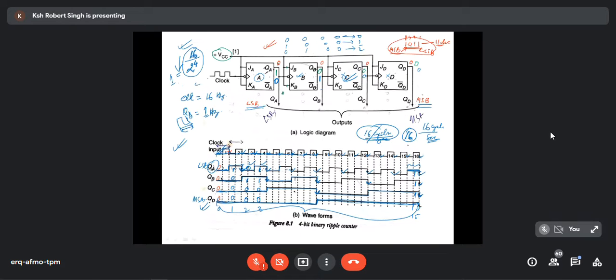That means I can divide the frequency of the clock down to 1. Earlier it was 16, maximum 16, minimum 1. How? This will be the number of flip-flops.